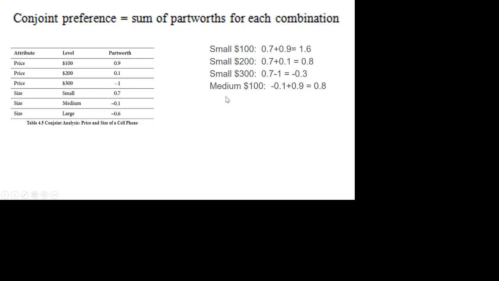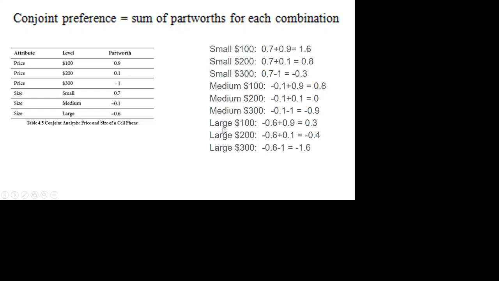Then you go through the same process for medium at all three prices, and then large at all three prices. Again, the highest value ends up being the most preferred, and probably the one you should try to produce if the numbers make sense.